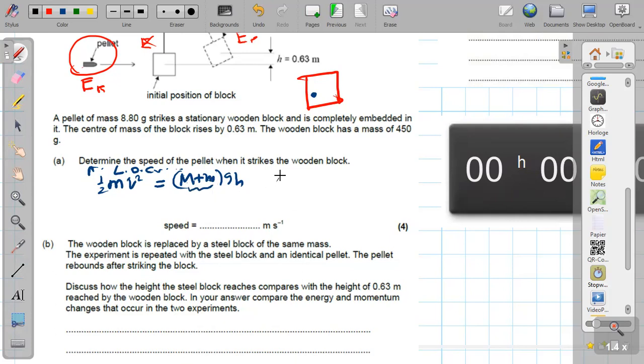Apply it to the calculator like that. And actually, you don't need to convert grams to kilograms, because grams are on both sides, so it will just get cancelled off.